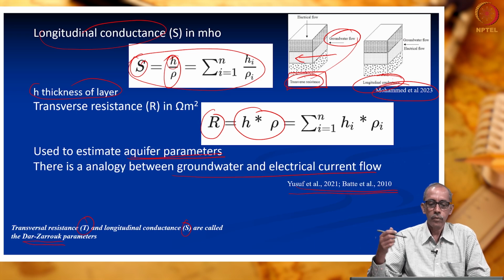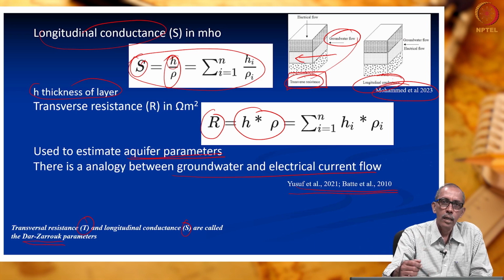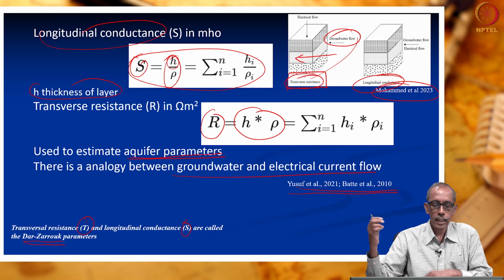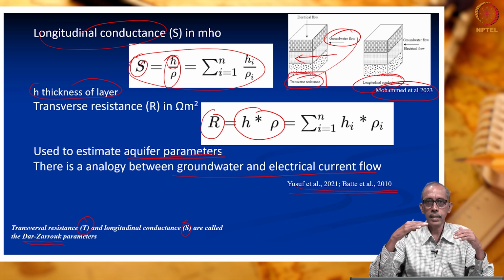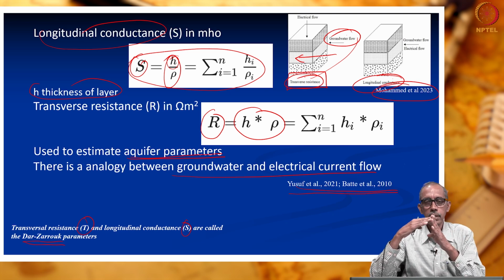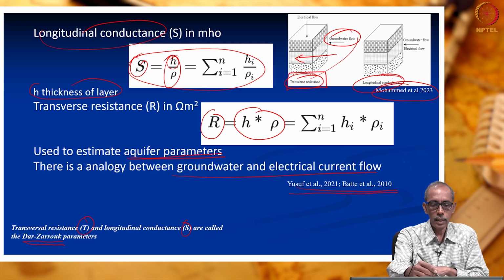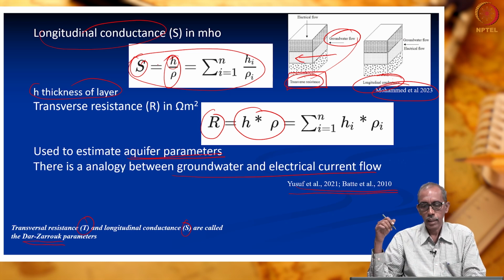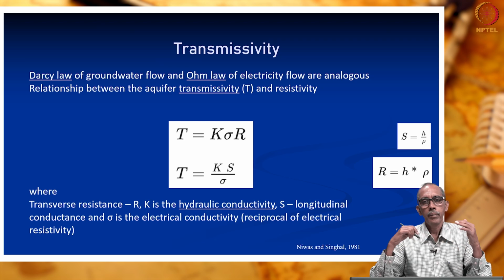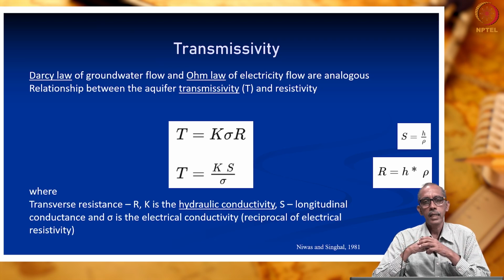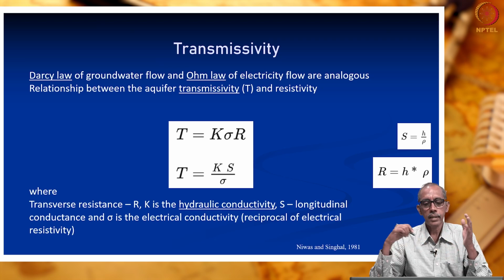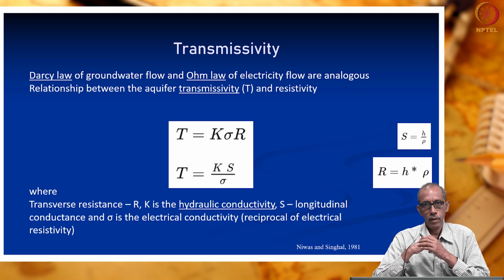So, they are inversely related, because longitudinal conductance is related to transverse resistance. Both are inversely related, as you see in this relationship. Then, making use of this, there is a way to estimate the transmissivity of the formation.